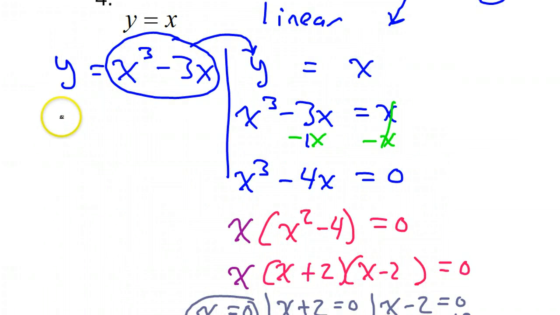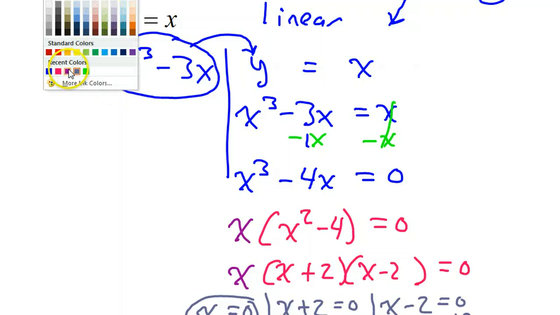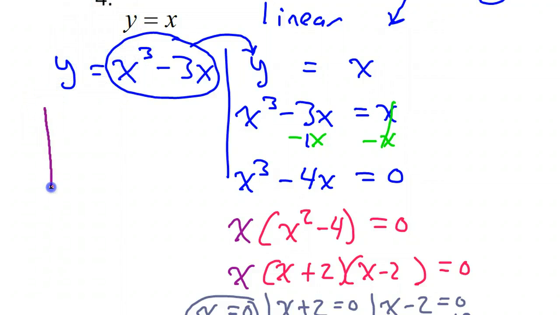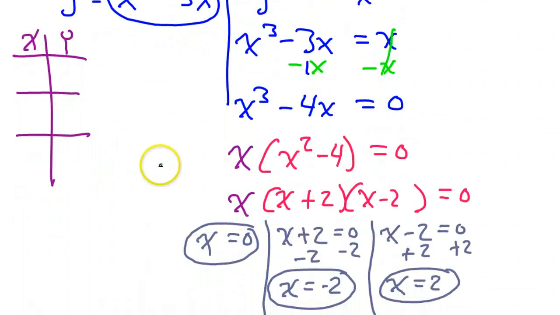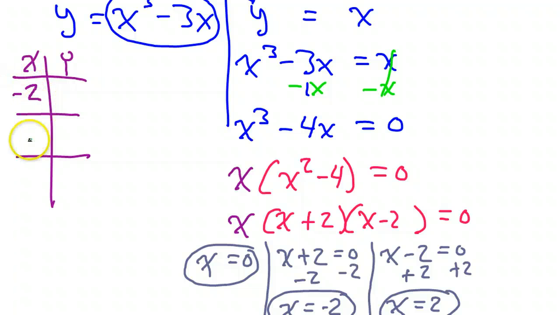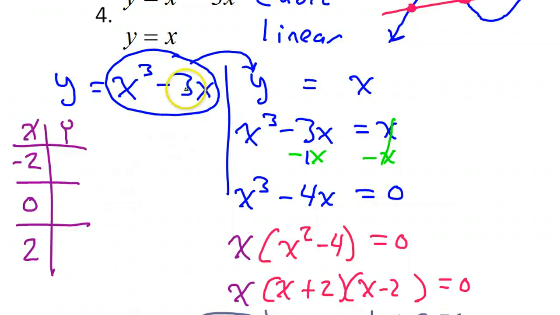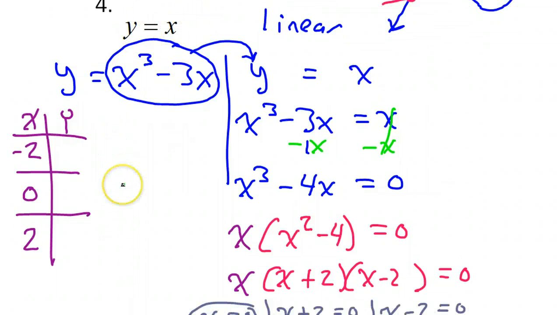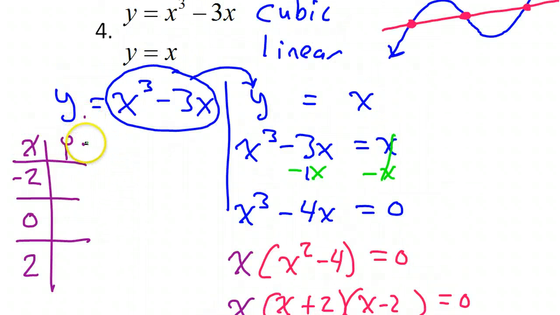Let's set up our t-chart over here. x, y, 3 x values. What did I have? Negative 2, 0, and 2. So there's negative 2, there's 0, and there's 2. y equals x is the simplest equation to use, so let's do that.